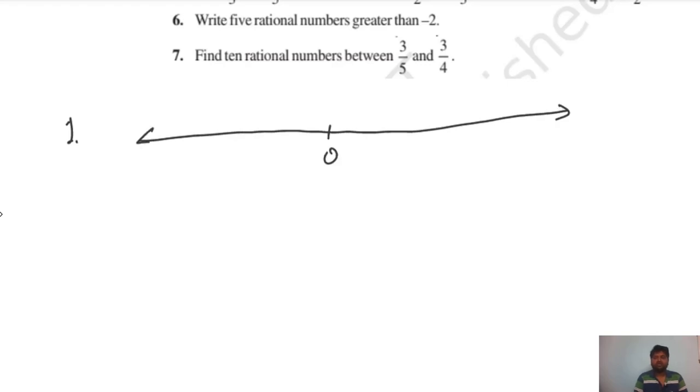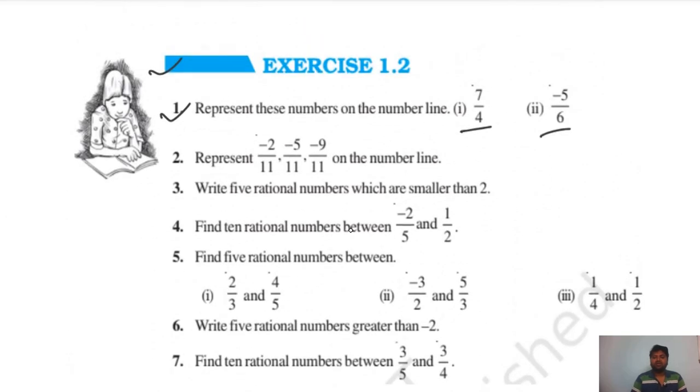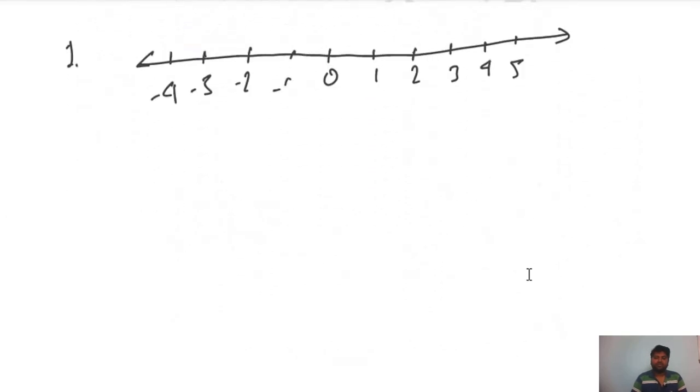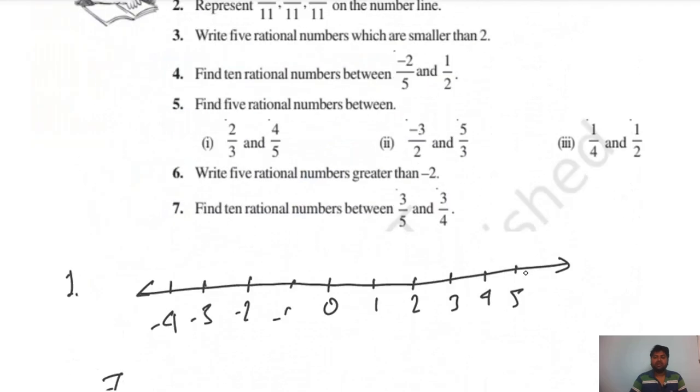This is 0, this is 1, 2, 3, 4, 5, and here is minus 1, minus 2, minus 3, minus 4. The first number is 7 by 4, and the next number is minus 5 by 6.